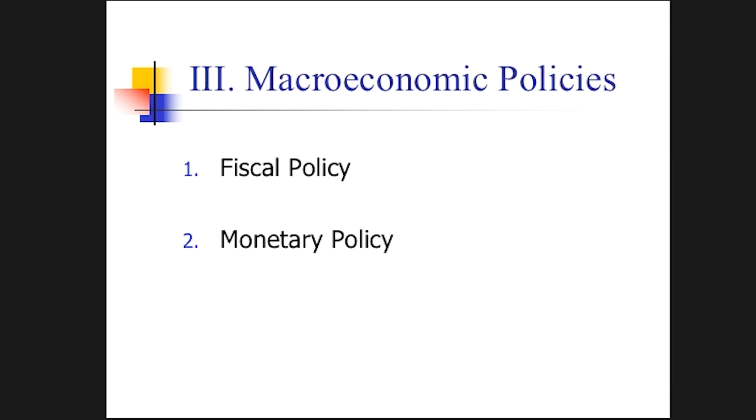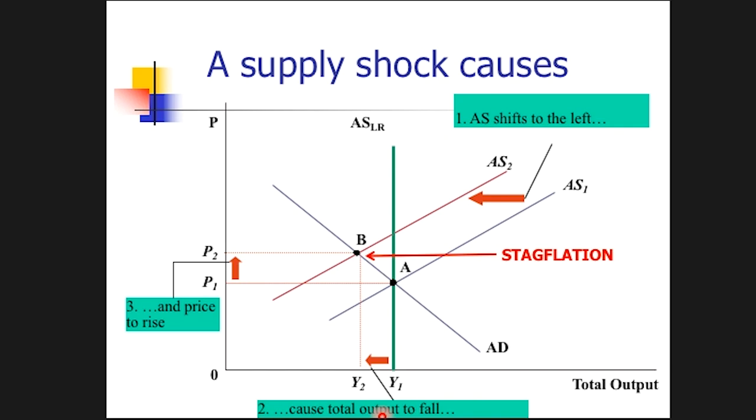In fact, these two policies will be explained in more detail in the next lecture, in lecture 8 and 9. So in this lecture, I will briefly explain it to see the application of policy in stabilizing output.